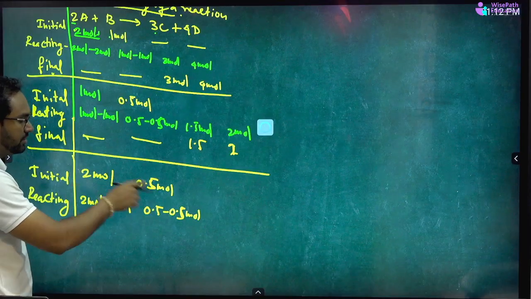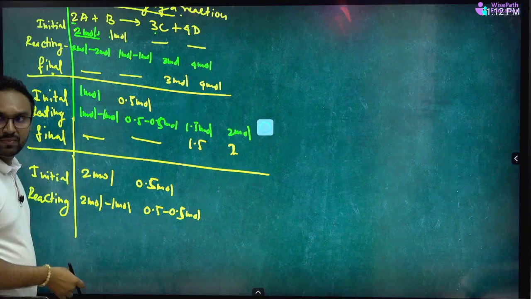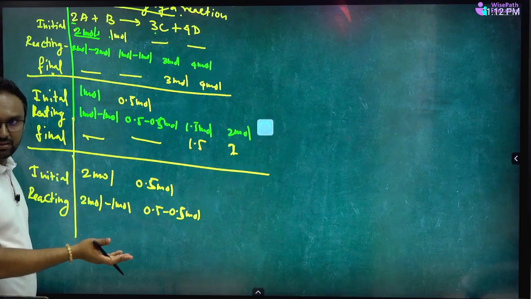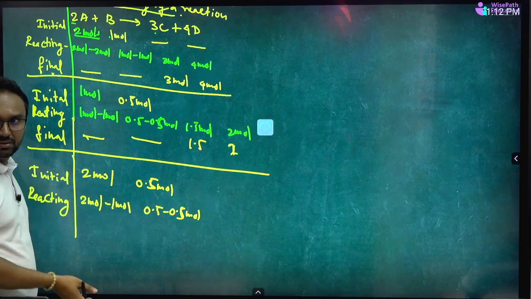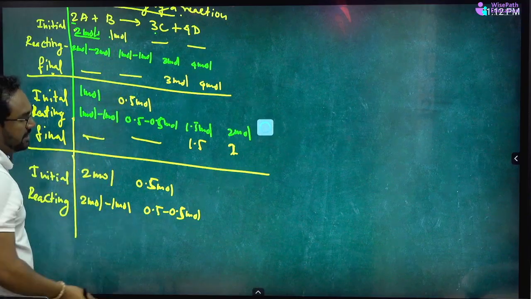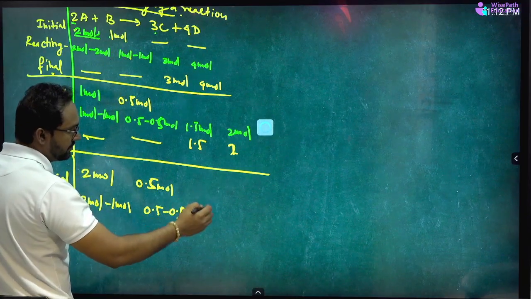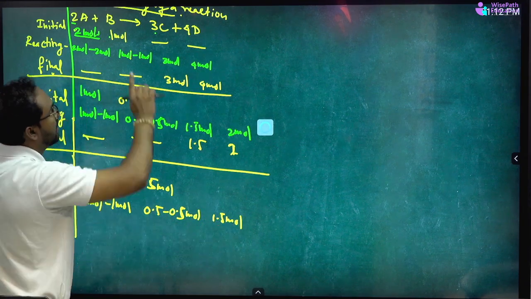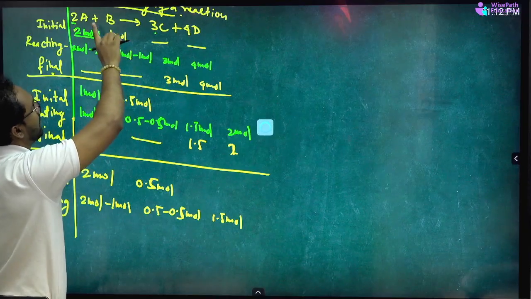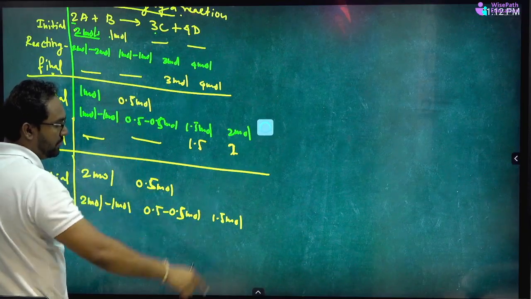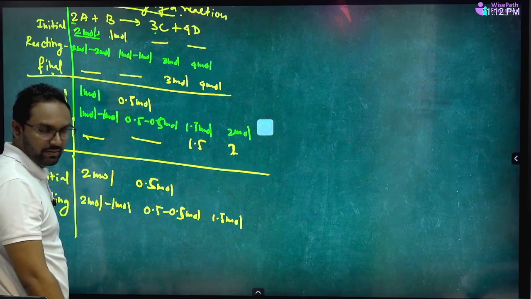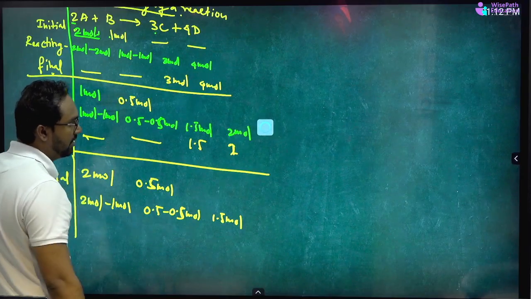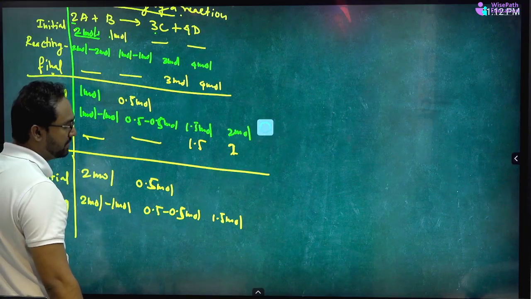Is it 2 moles or 0.5 moles? 0.5 mole, because it's the limiting one. It decides how much is going to be produced. So how much of C is produced? 1.5 is produced, because it's 1 to 3, 0.5 to 1.5. And how many D's are produced?